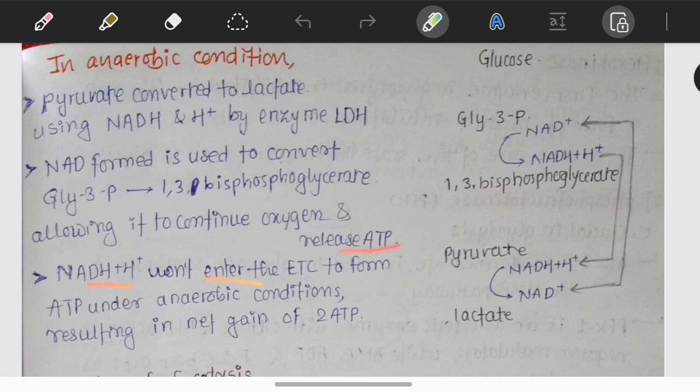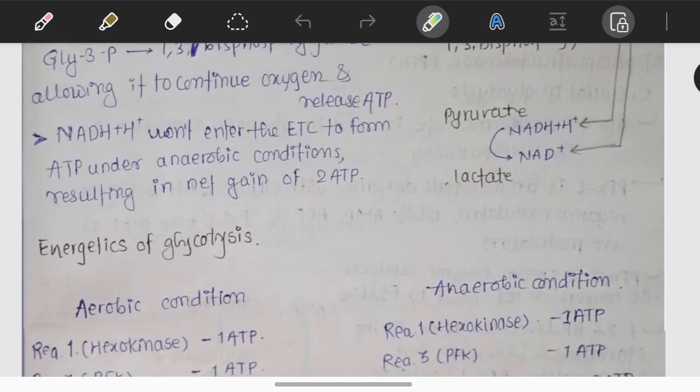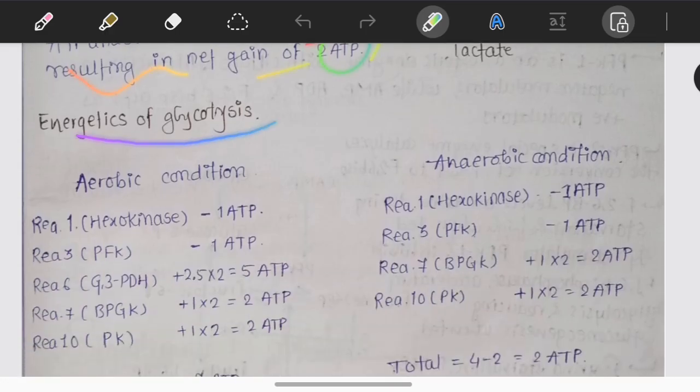NADH plus H+ won't enter the ETC to form ATP under anaerobic conditions, resulting in a net gain of 2 ATP.